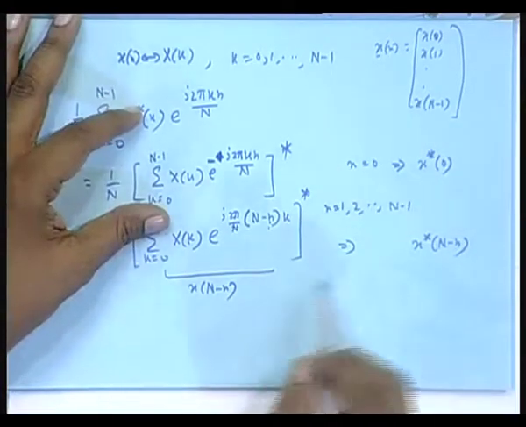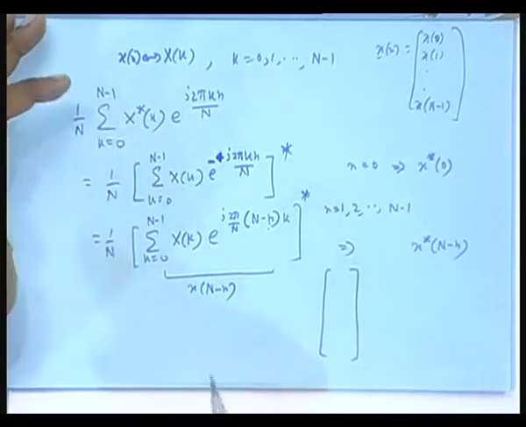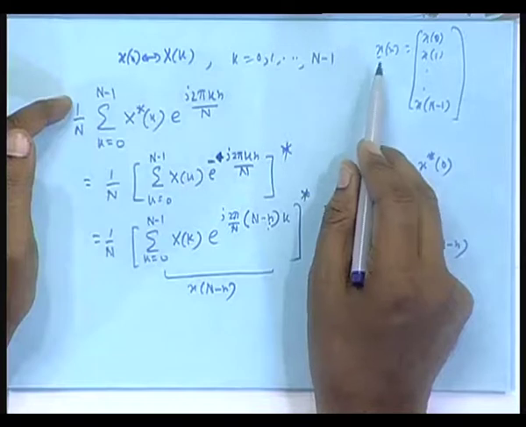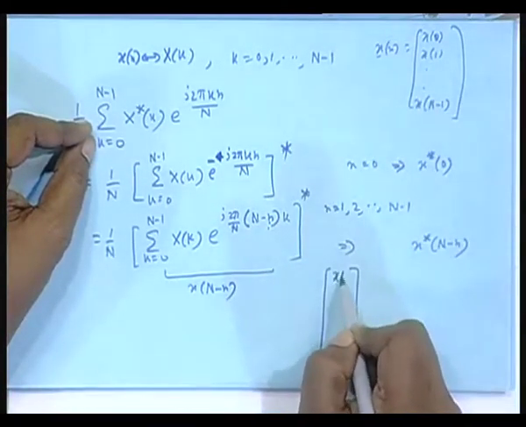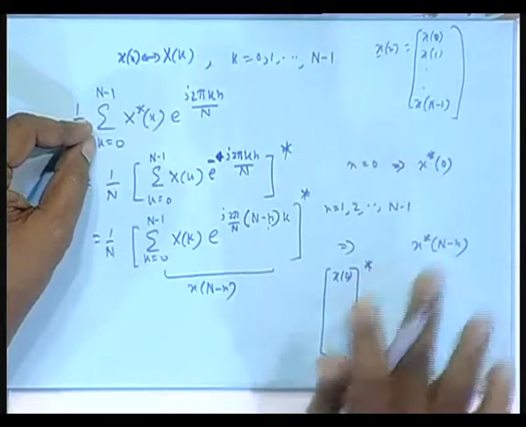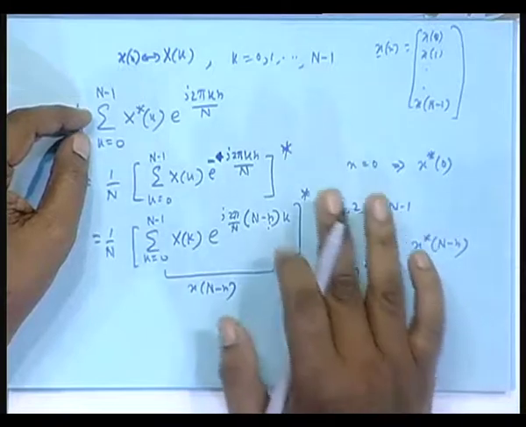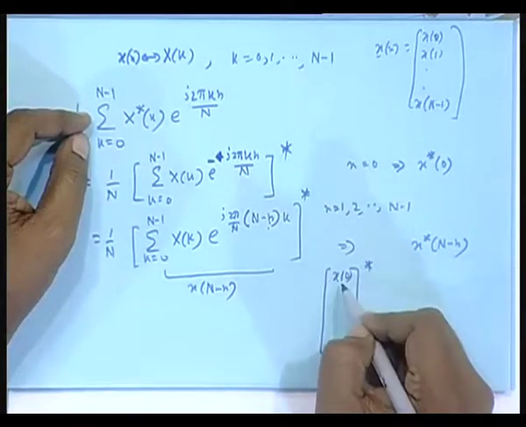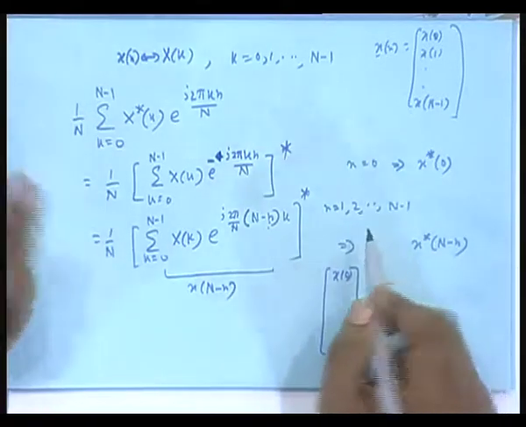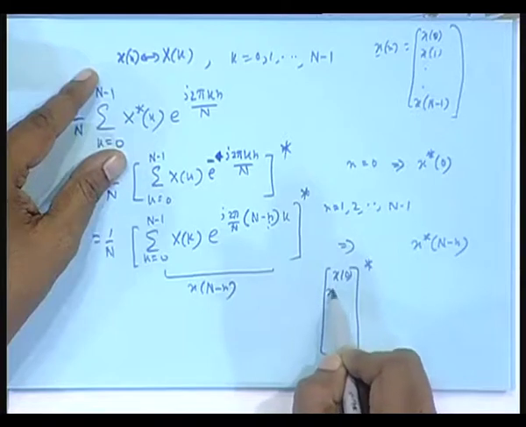So, what is the sequence? Sequence is very simple. The inverse DFT, if I put it in vector form, original vector was this, now the starting guy will be x 0, there will be a star I am putting outside. For the time being, I will be dealing with real valued things. So, x 0, the data star for our case will be x 0 only to start with.